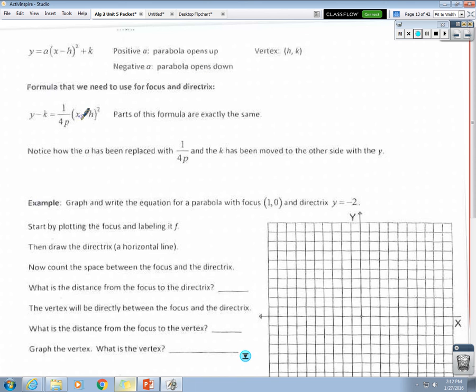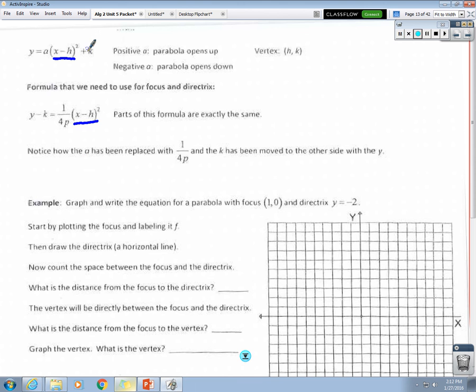Now, what are the similarities and differences between these two formulas? Well, look, we still have x minus h squared. Up here we have an a. Down here the a has been replaced with 1 over 4p. And what else is different?